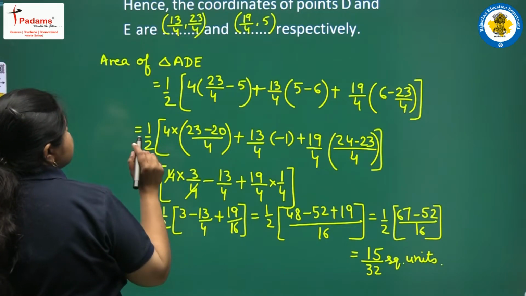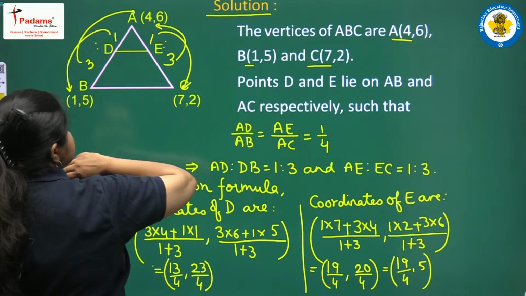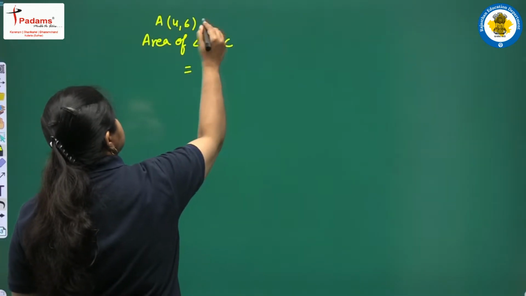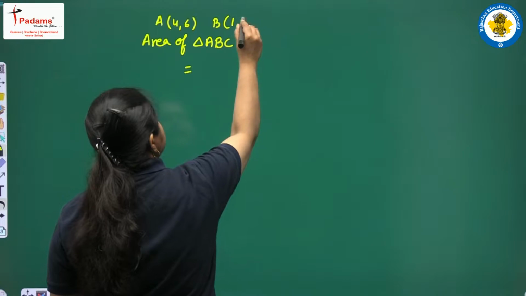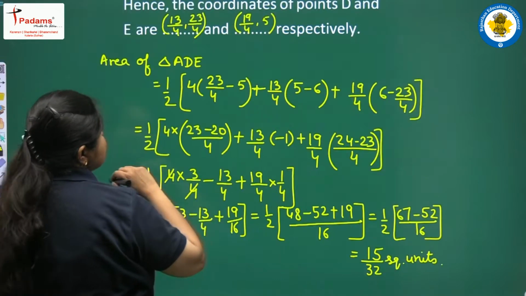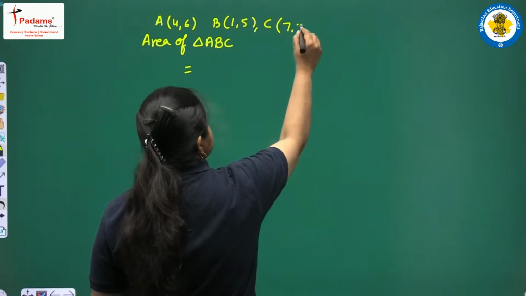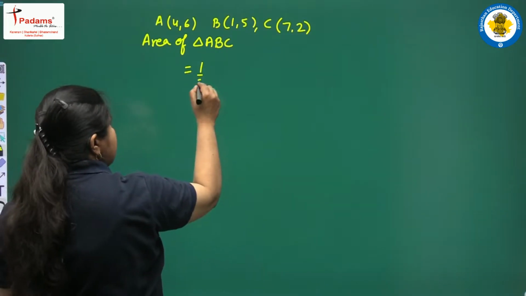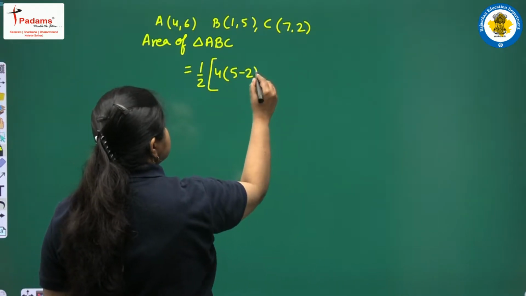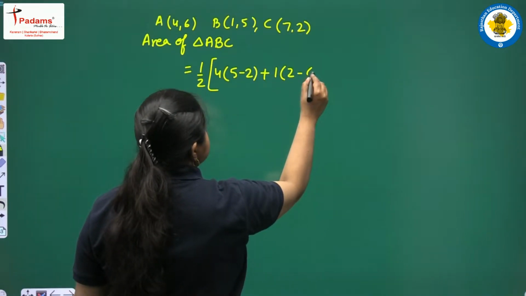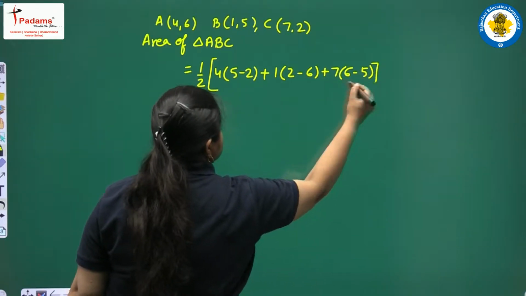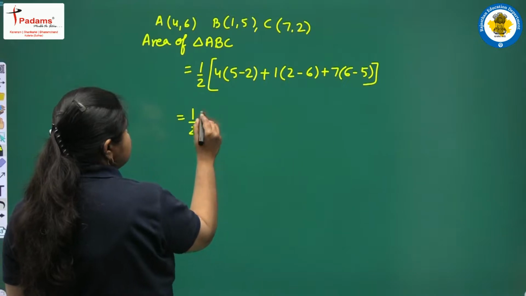A is 4, 6, B is 1, 5, and C is your point 7, 2. So now we can find the area easily. This will be half, 4 into 5 minus 2 plus 1 into 2 minus 6 plus 7 into 6 minus 5. This will be half.